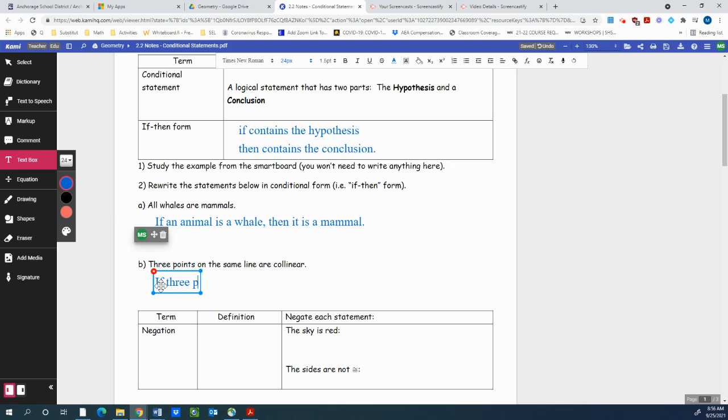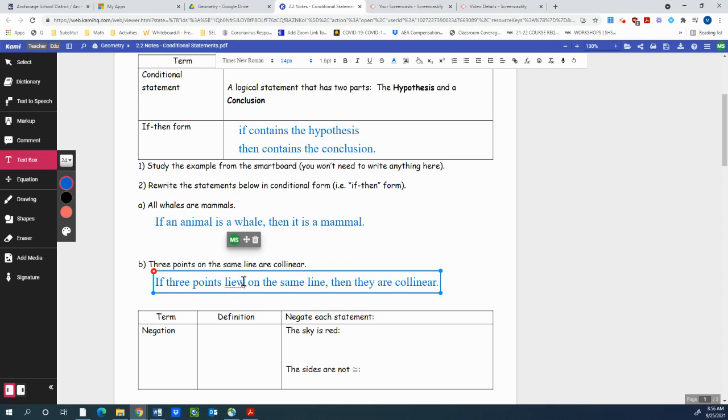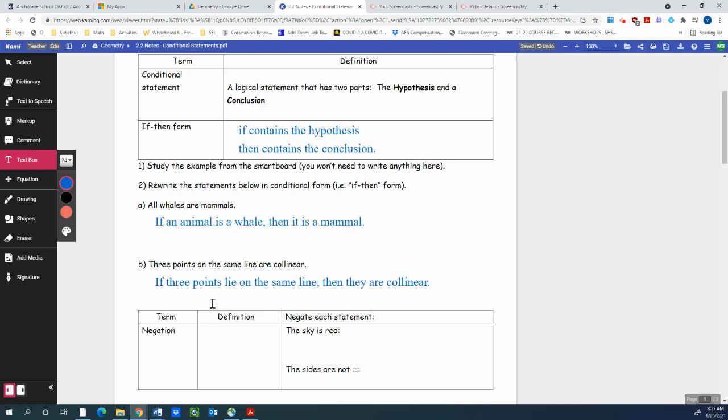If three points lie on the same line, then they are collinear. The word that I added in here is lie, or you could say if three points are on the same line. So sometimes you need to put in those meaningful words without changing the meaning of the actual statement.